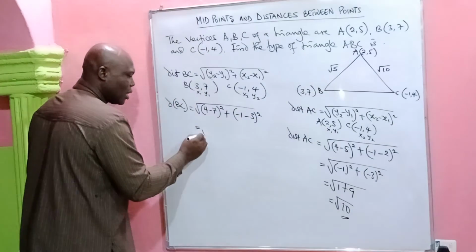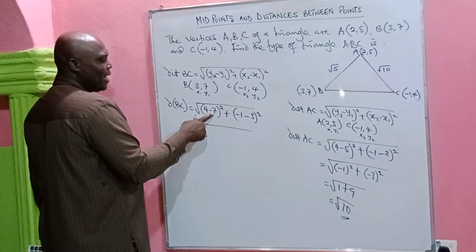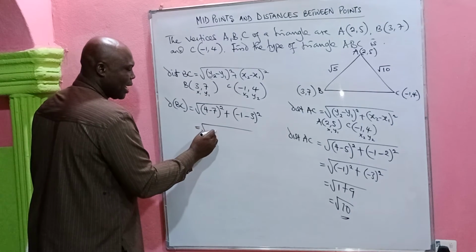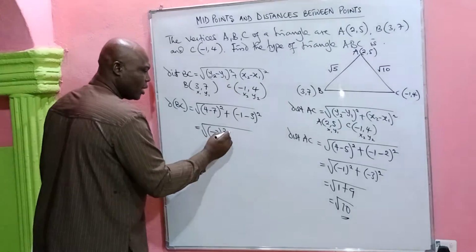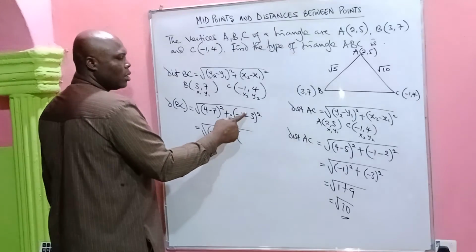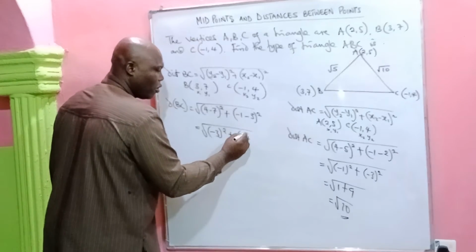So we're still going to have square root of 4 minus 7. That will give us minus 3, all squared, plus minus 1 minus 3, which is minus 4, all squared.